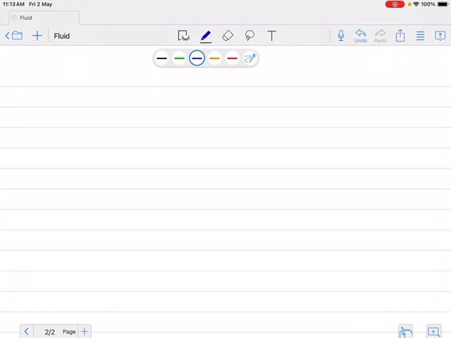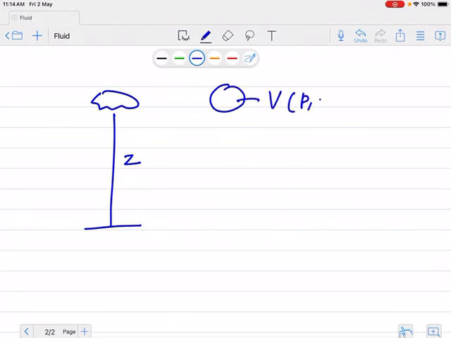So let's derive this condition. Suppose there is a fluid element at height z, with some specific volume. The volume of this fluid element is V, where P and S are the pressure and entropy at height z. Suppose that this fluid element undergoes an adiabatic upward displacement.